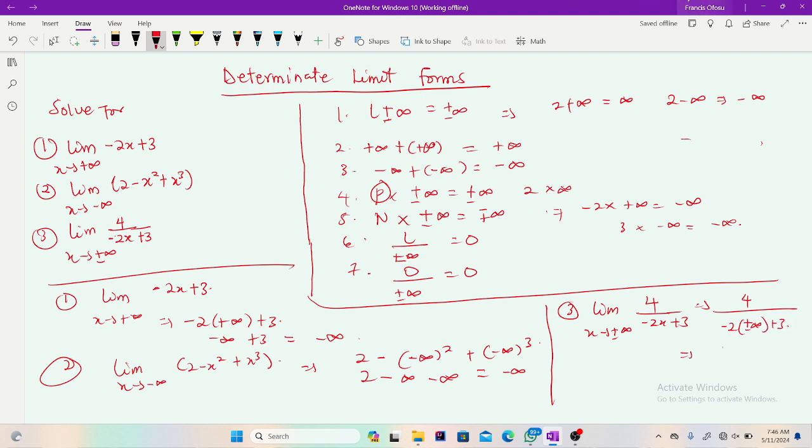Negative 2 times plus or minus infinity gives us infinity, but when the negative 2 multiplies it, we get negative infinity at last. So negative infinity plus 3, and 3 cannot neutralize the negative. This gives 4 over negative infinity, and obviously this gives 0. Remember, any number over plus or minus infinity is 0.